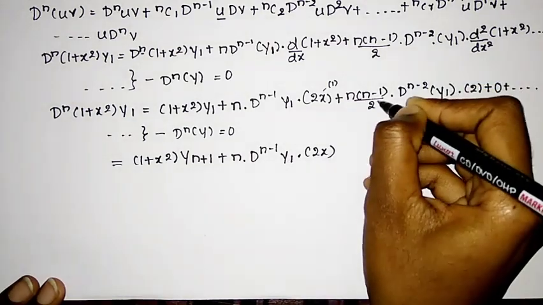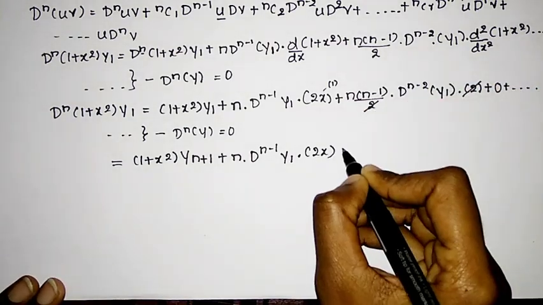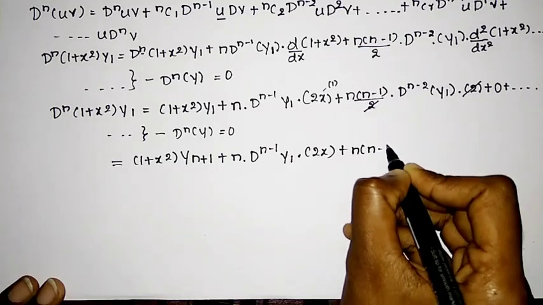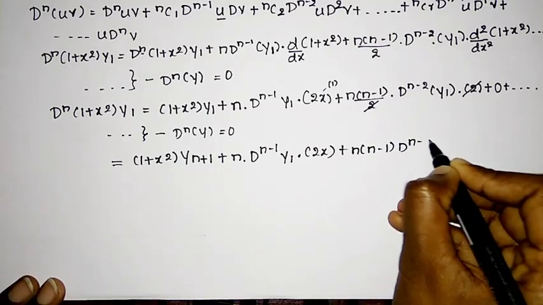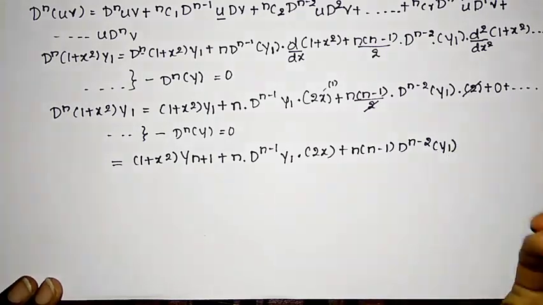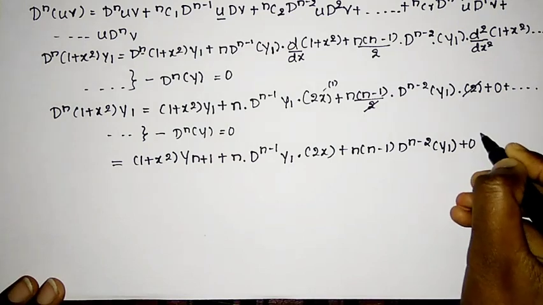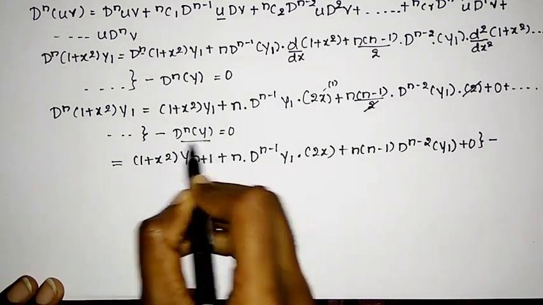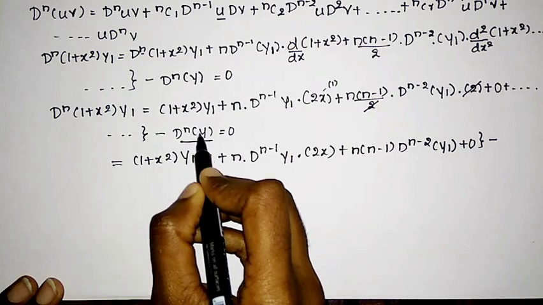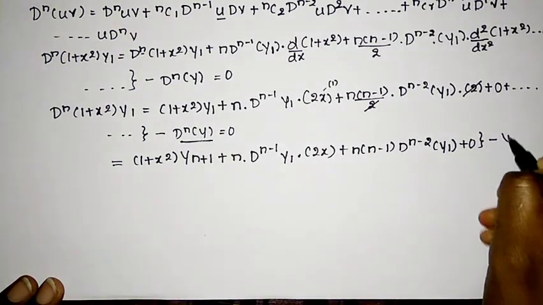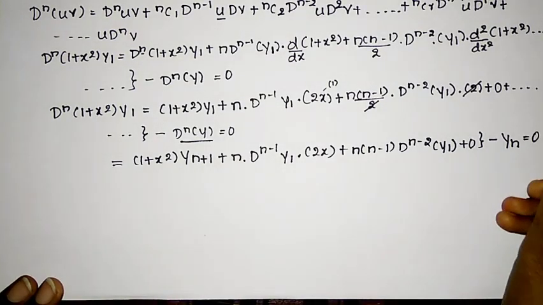Here the 2 and 2 get cancelled, so we can write it as n into n minus 1 D raised to n minus 2 into y1. This is plus 0. Then minus the nth term D raised to n y, which we write as yn is equal to 0.